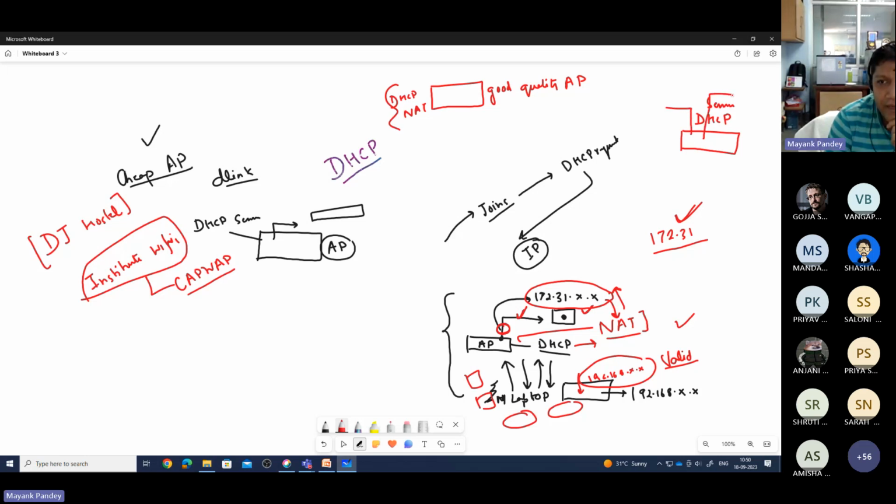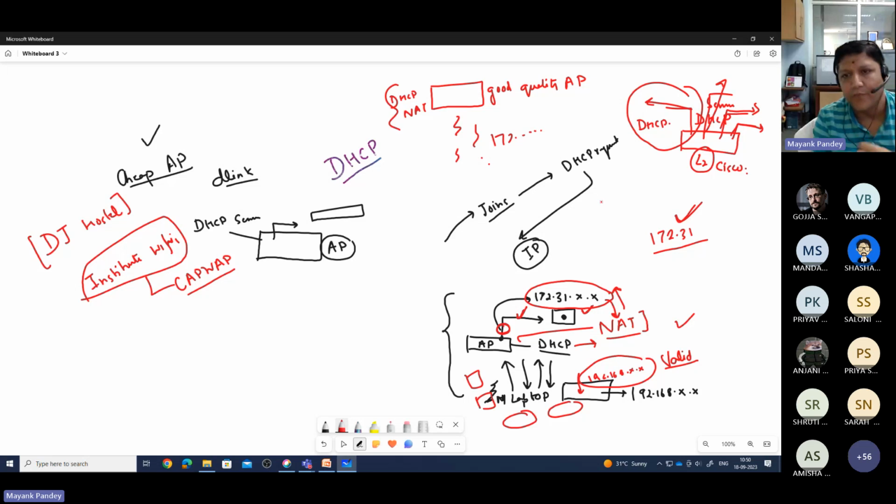On different VLANs, we install our L2 switch here, a Cisco L2 switch in the control room. And we have divided whole hostel into different subnets, different VLANs. And for every VLAN, a DHCP server is running. So there, the laptops are getting the IP addresses from 172.31.